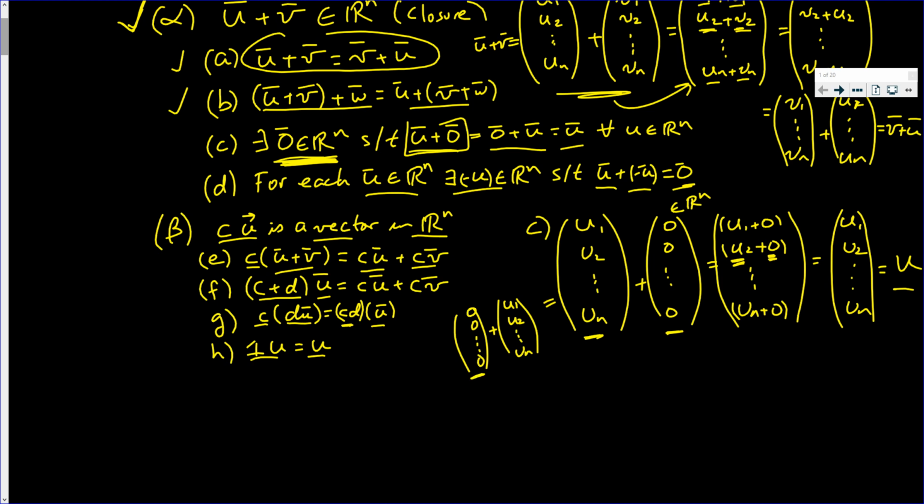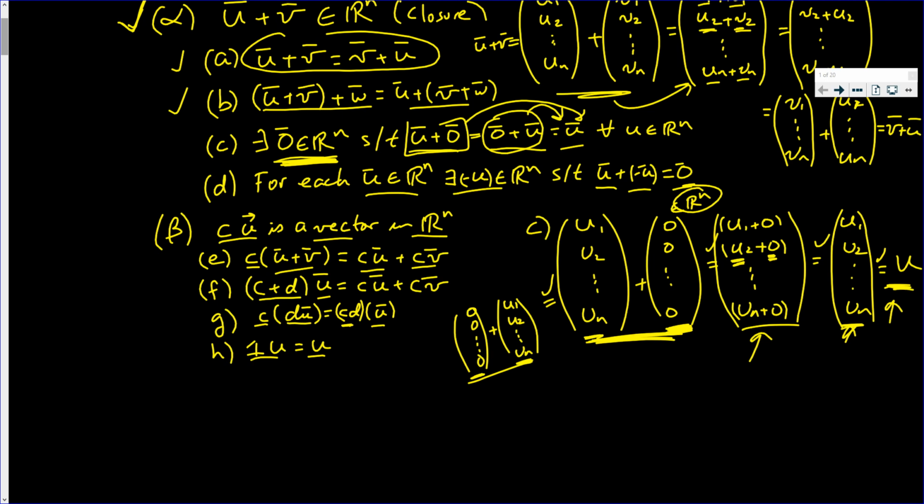But this is in Rn and this is in Rn. And you better say that this 0 vector is in Rn. So I showed it both ways. I showed this equals u, and I showed that is equal to u. That is, this equals this, which equals this, which equals this, which equals u. Likewise, this equals this, which equals this, which equals u.